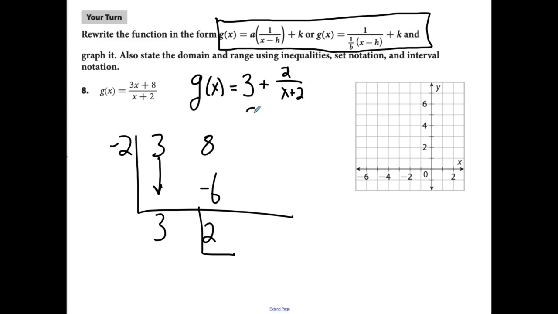Now I'm going to rewrite it like this: 3 plus 2, and then in parentheses 1 over x plus 2. So now it looks like one of these forms right here.